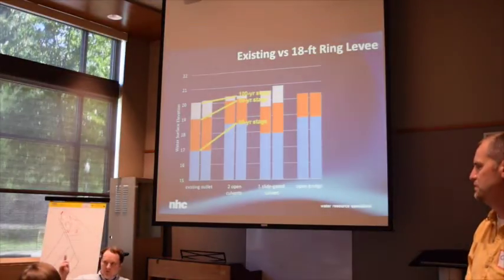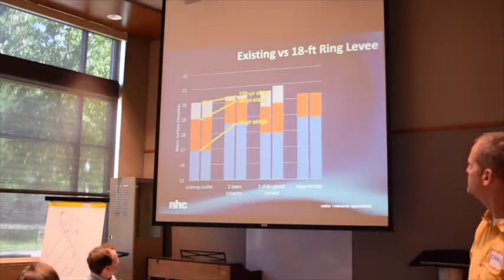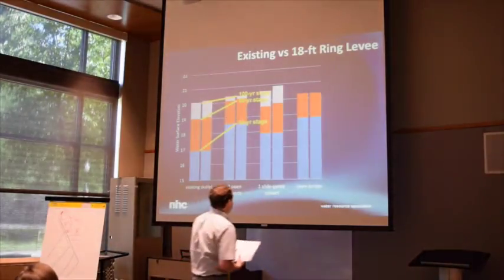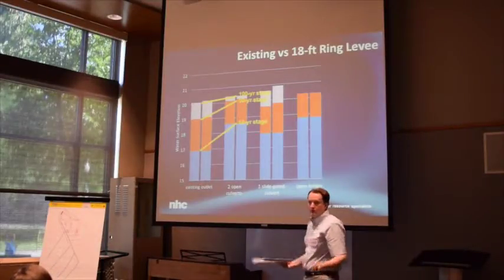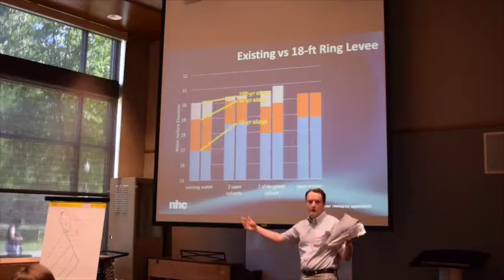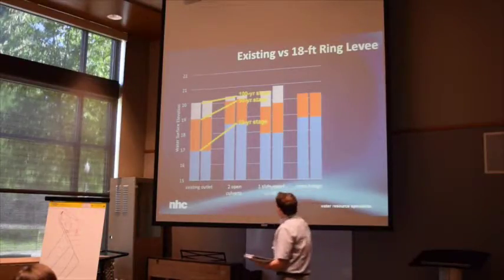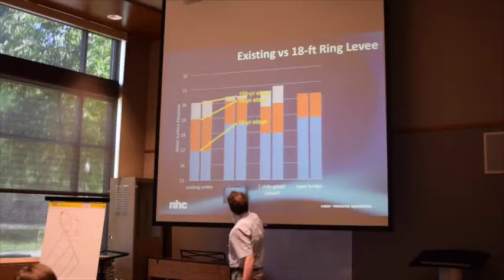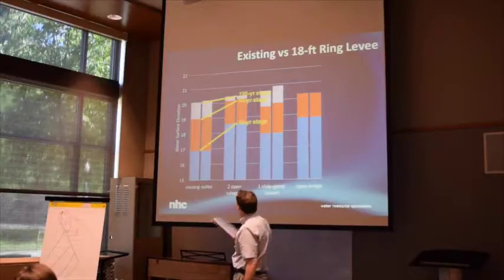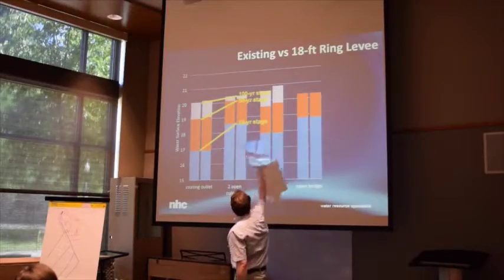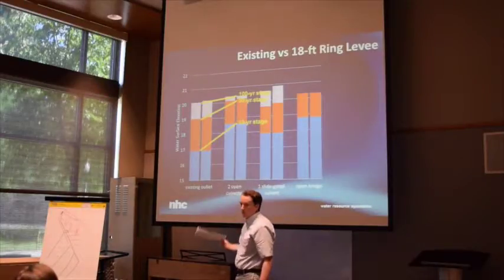Well, for larger events, we do look at that. If you look at this slide here, this is an open bridge, for this bar graph here. So you've basically got as large an opening as is realistic based on the existing channel. It's really very similar to if you just took two of the existing 6 foot by 6 foot box culverts. You can see that the 100-year stage is very similar between the two.